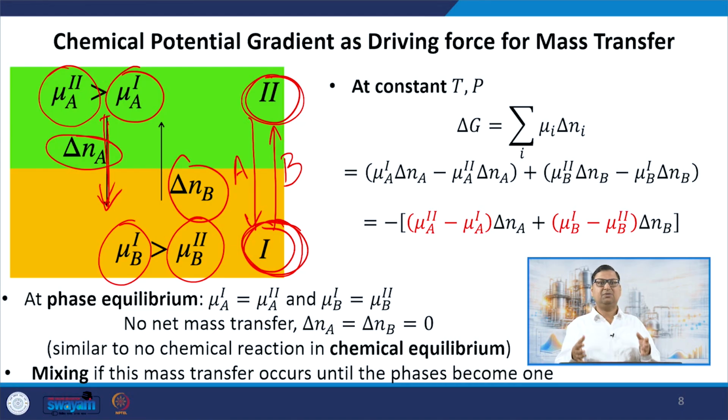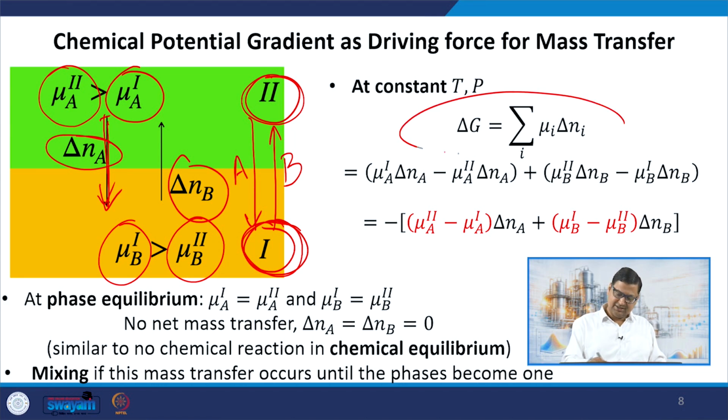In general, chemical potential will depend on temperature, pressure and composition. So, as soon as the moles go from one phase to the other phase, the chemical potentials will change. Therefore, I am referring to a small change delta Na of A and delta Nb of B, and over that small change I am assuming that the chemical potential remains constant.